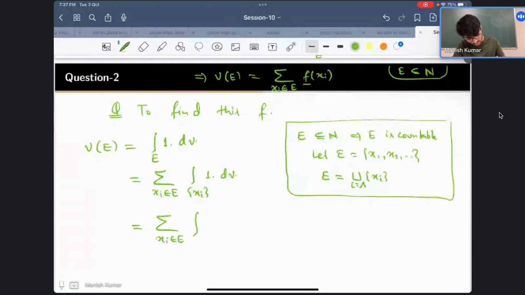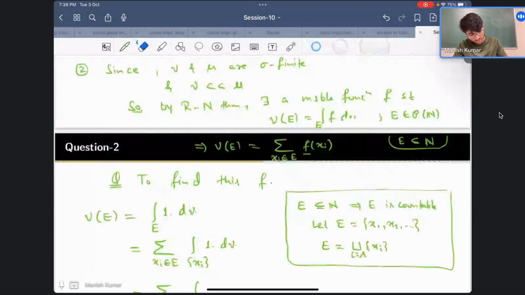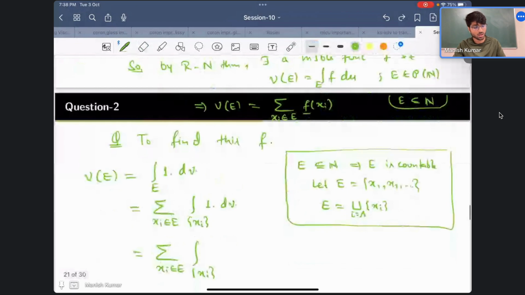Now notice one thing: the main point is that I want to bring this mu into the integration, so that I can involve mu to get this f. That's why I'm writing this as integration of xi with d mu.